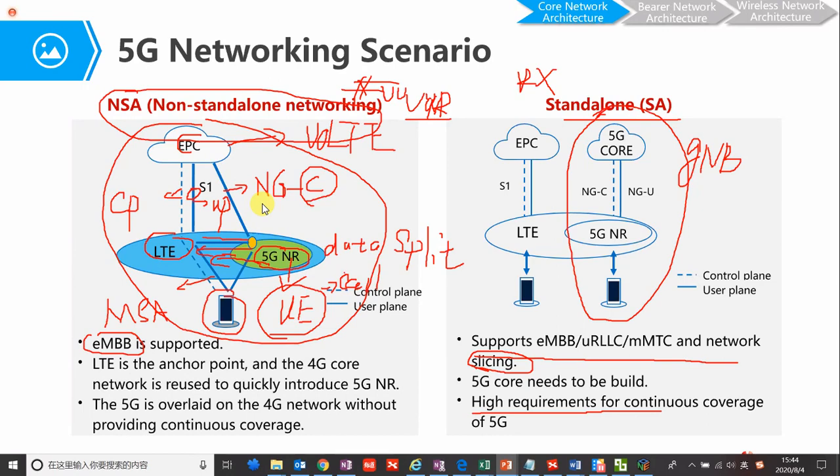Through the optical fiber. This is the X2 interface. And between NR and NR, we call it the Xn interface. Okay, thank you.